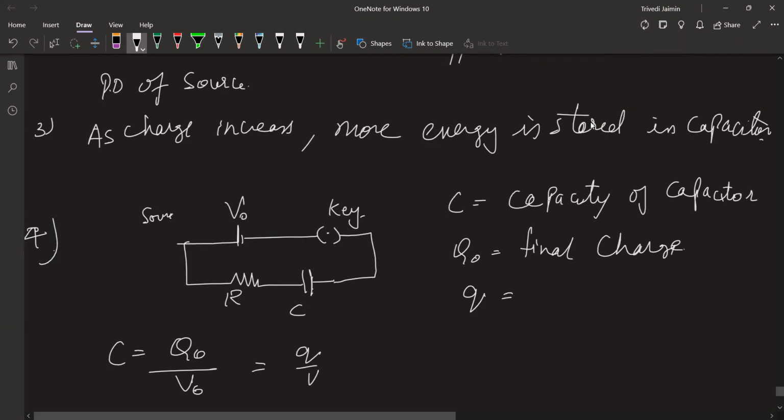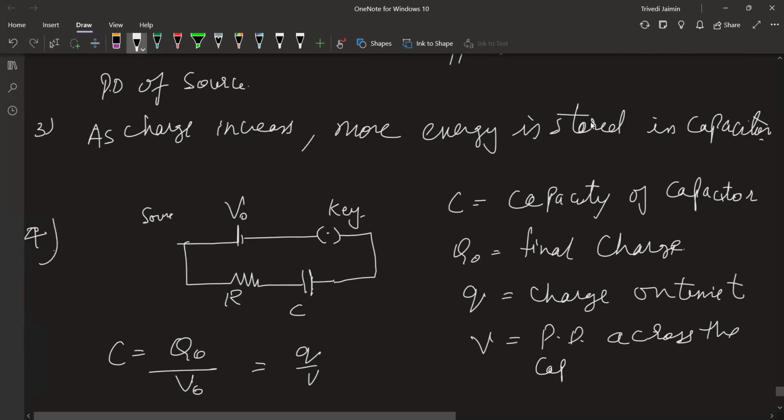Q is the charge at time t, and V is the potential difference across the capacitor at time t.